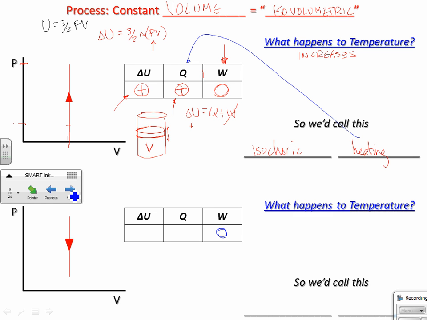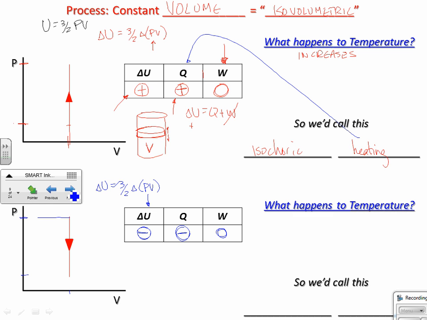Right? Well, like we said, delta U is 3 halves delta quantity PV. It goes from a big pressure at a volume to a small pressure at a volume. That means that the quantity PV decreases. Delta U is therefore negative. And using the first law, that means that Q is negative.